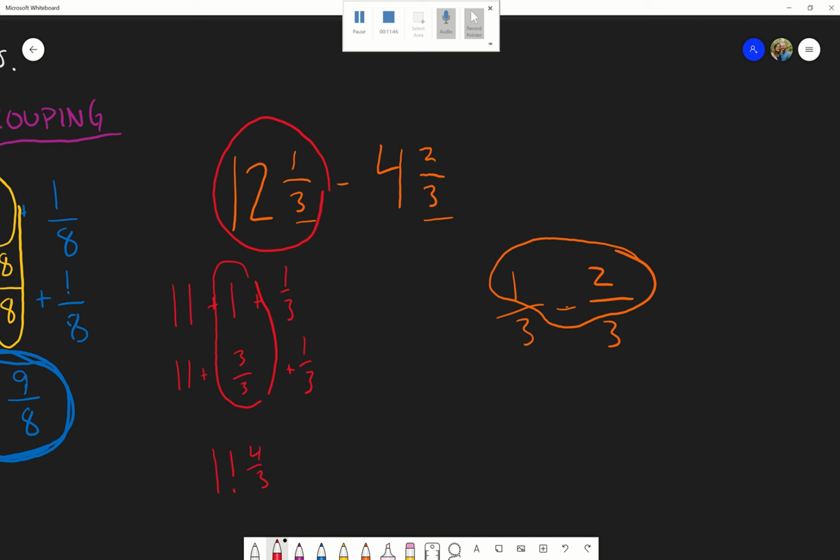So I borrowed one whole number and moved it into my fraction to now give me math I can deal with. So now my new math problem is 11 and 4/3 minus 4 and 2/3. And then I subtract. I have now 4/3 minus 2/3, which is 2/3. 11 minus 4, which is 7. And I get an answer of 7 and 2/3.